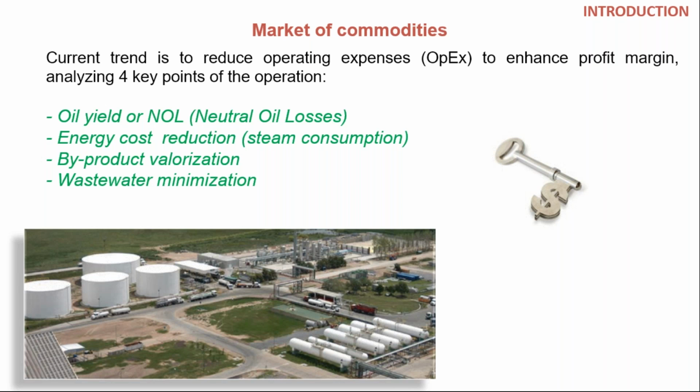Basically, this means maximizing all yields, trying to reduce energy consumption, mostly related to reducing steam consumption, valorizing the market price of co-products or byproducts, and finally minimizing the wastewater of the process, all with the final objective of increasing the profit margin of the operation.